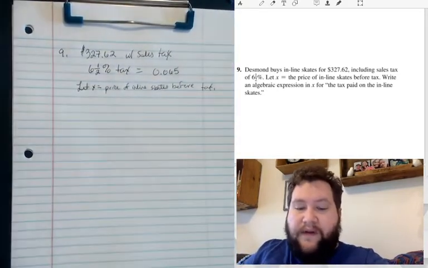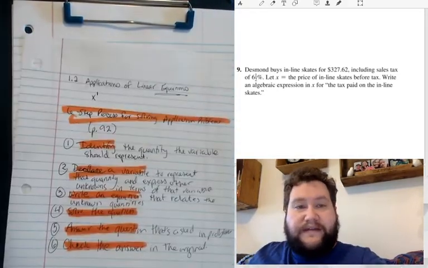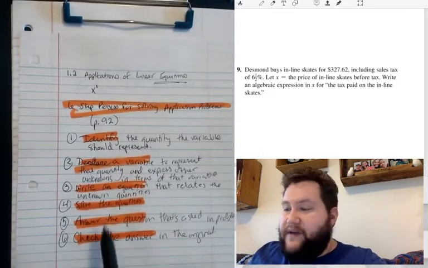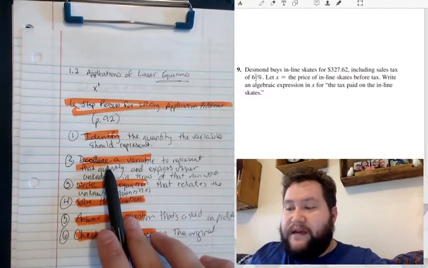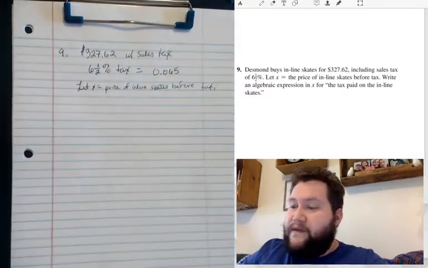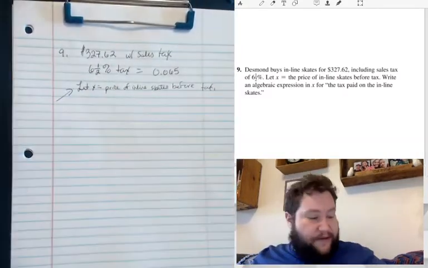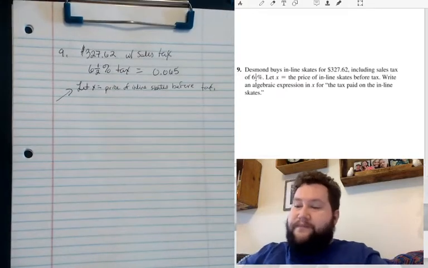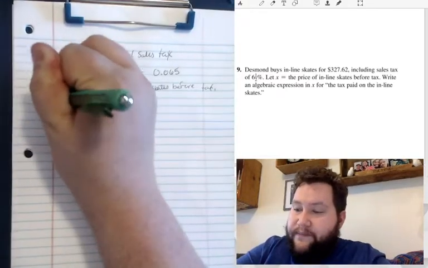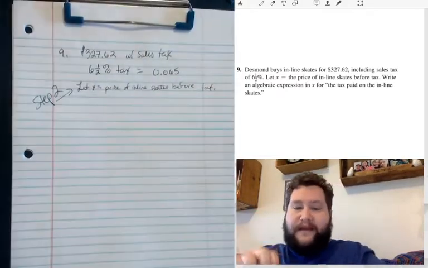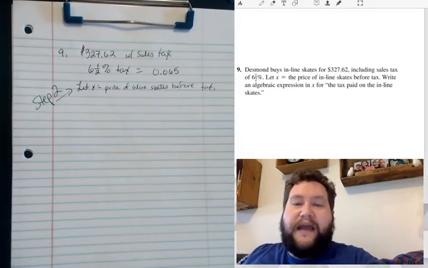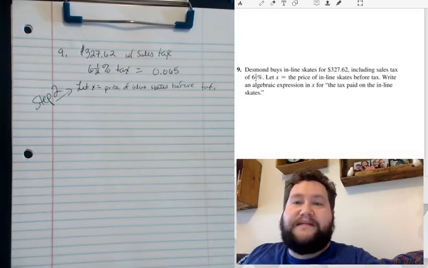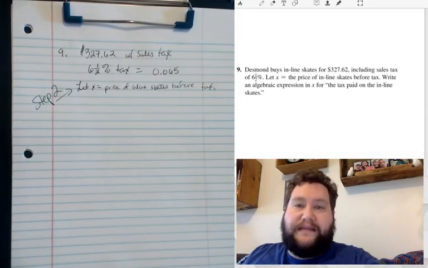So if we look at our 6-step process, identify the quantity the variable should represent. Well, it already went to step 2 and declared our variable. So we're starting right at step 2. It says write an algebraic expression in X for the tax paid on the inline skates.